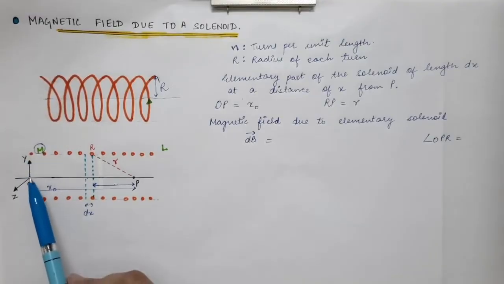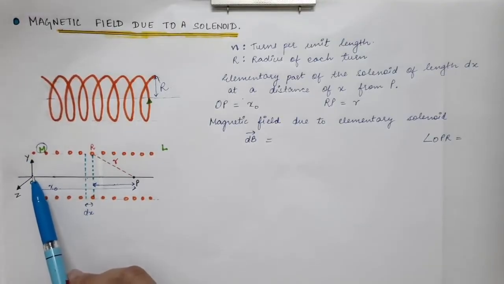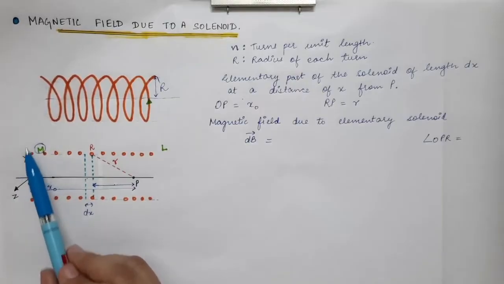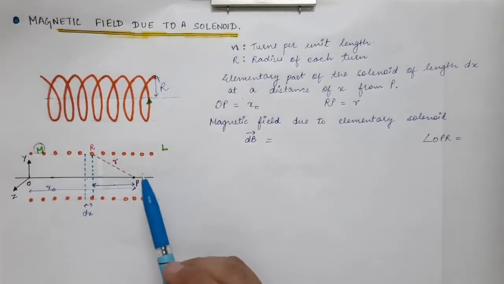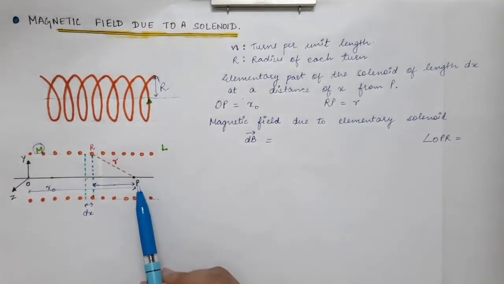So you can see that this origin O is lying on this M end of the solenoid, just at the end of the solenoid. And you want to find the magnetic field at this point.